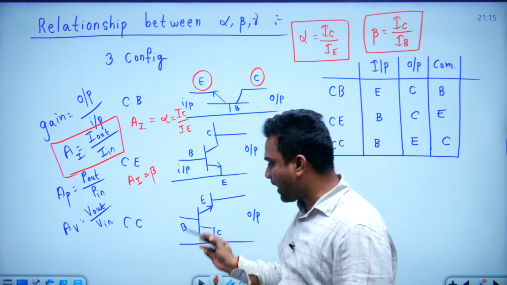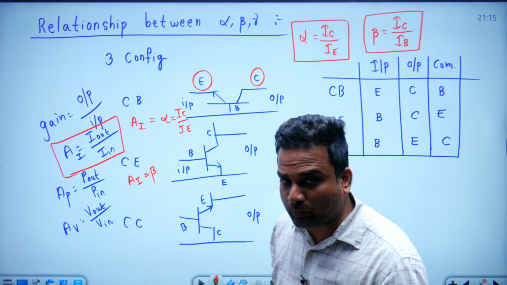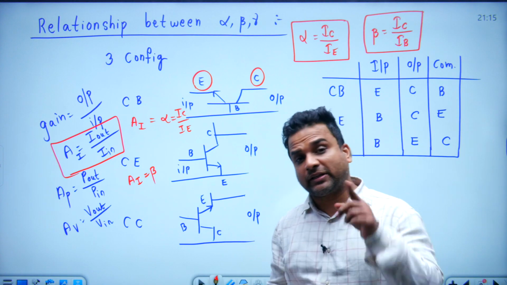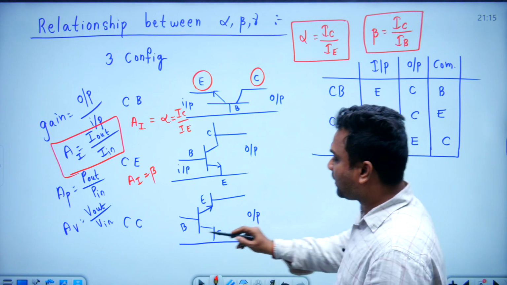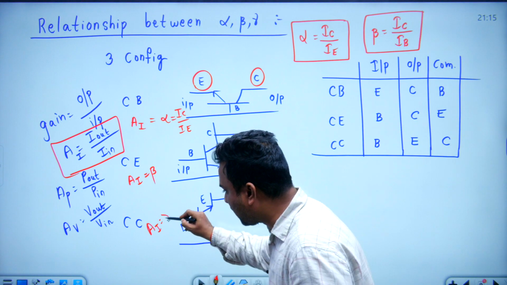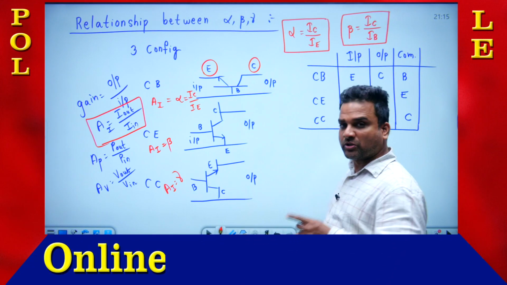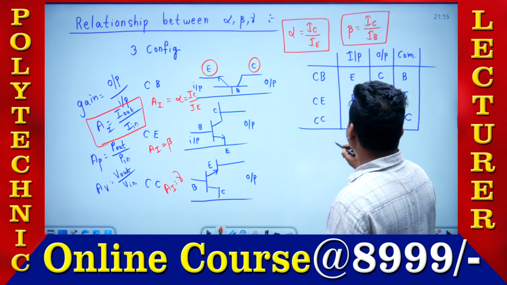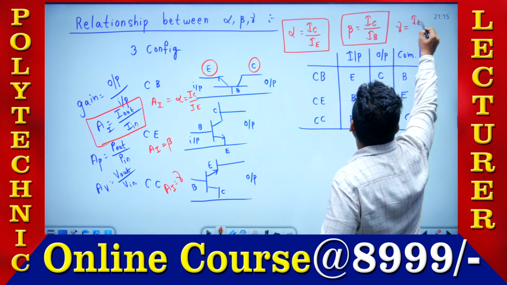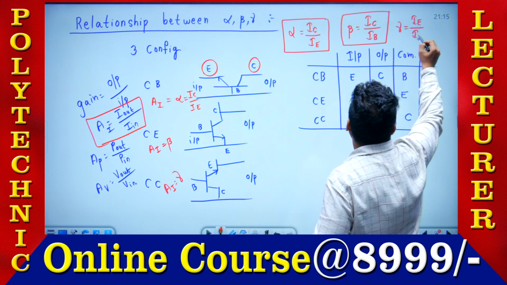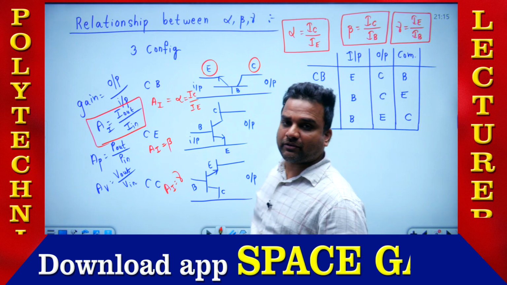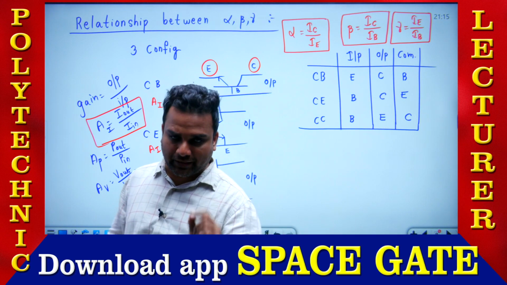Similarly, now the common collector configuration. What is the output current? IE. What is the input current? IB. So in common collector configuration, the current gain is denoted by the letter gamma. So guys, here the gamma formula is IE by IB. This one, guys, gamma is equal to IE by IB.